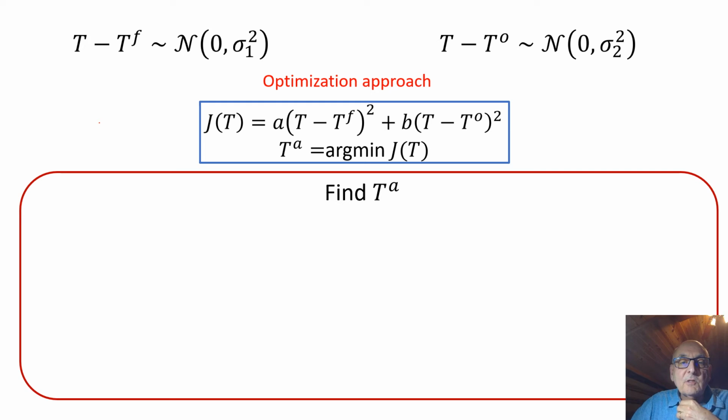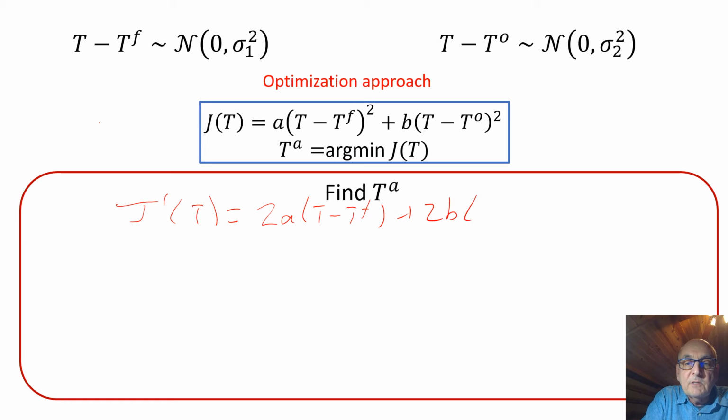Okay, so since J of T is a quadratic, and you can see it's growing as T goes to plus and minus infinity, it's going to be a sort of parabola up. So the minimum is going to be found where you find the zero of the derivative. So we have to calculate J prime of T. So that is just 2a times (T minus TF) plus 2b times (T minus T0).